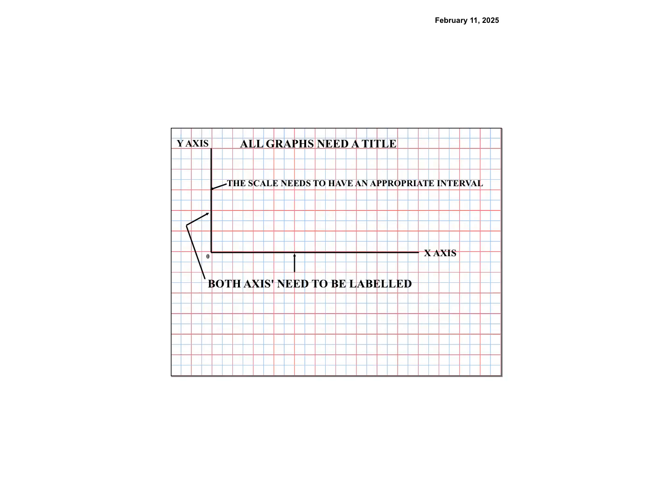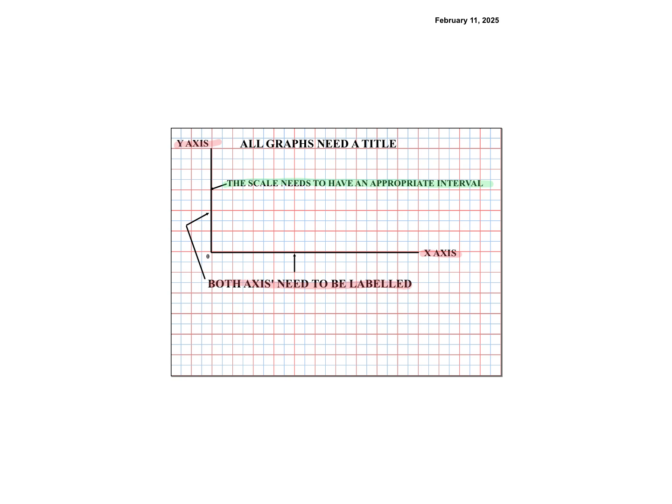Again, when we look at the graph, these are things that need to be put on, okay? Both axes need to be labeled. You can see that here and here. So we're looking for the x-axis and the y-axis to be labeled. It needs to have an appropriate interval. The scale needs to have that interval. In other words, we need to make sure that it's going up by the same amount each time.